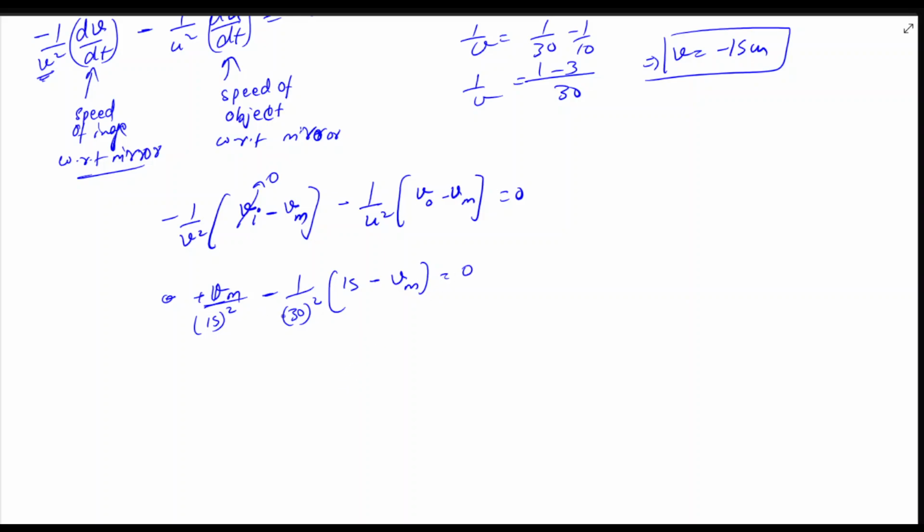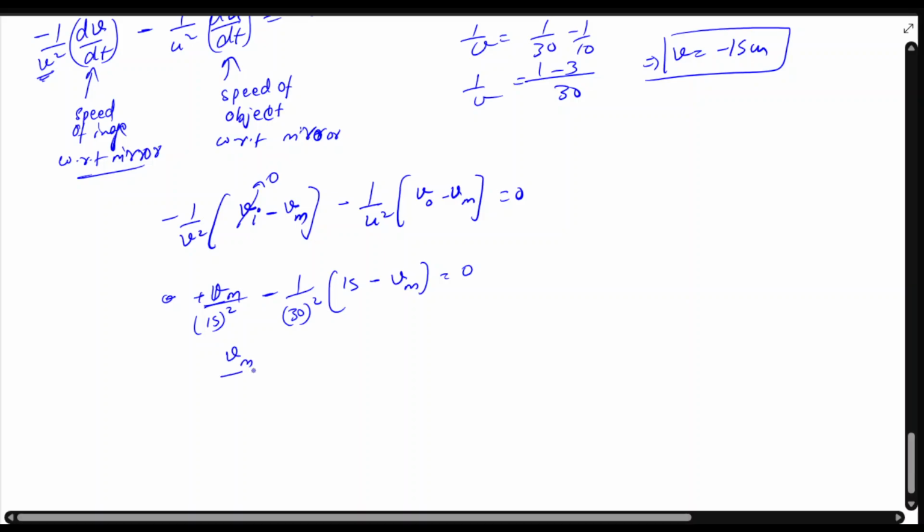So let's make it here. Vm will be equal to, so this will get cancelled and we'll get 4 Vm equals 15 minus Vm. So we will get 5 Vm equals 15.